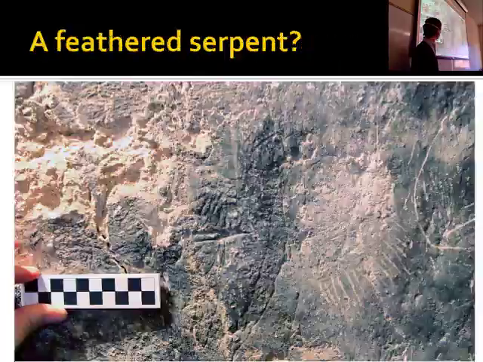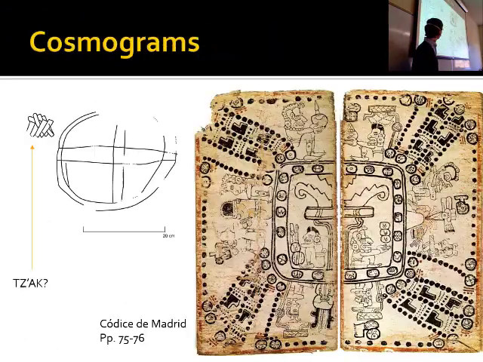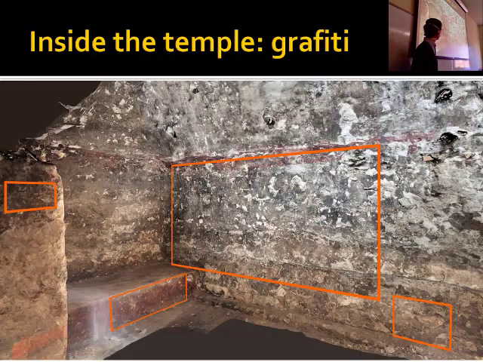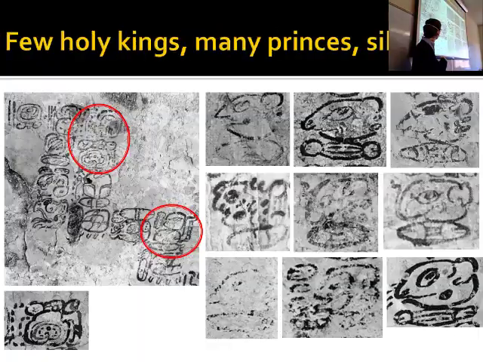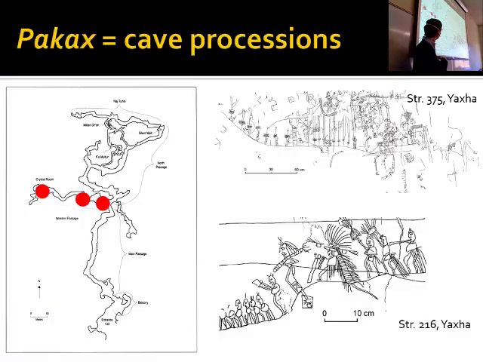So if we go back and look at how people go through the cave of Naj Tunich, this is what we see. Here they are. They're all extending, or they're carrying those things.